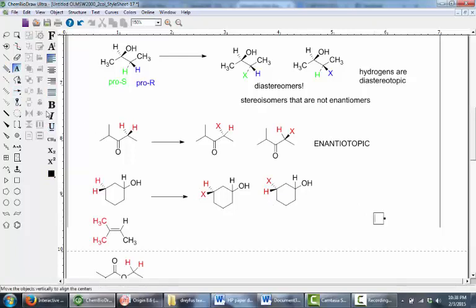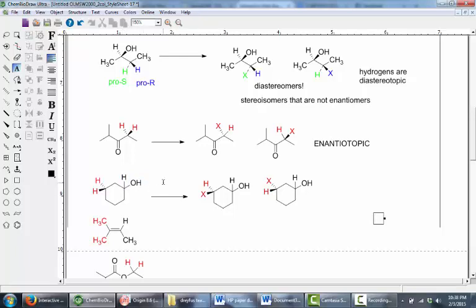Well, here we already have a chiral center in the molecule. That's this guy over here. I know this is a chiral center because it has 4 different things attached to this carbon: this H, this OH, and the ring going around.